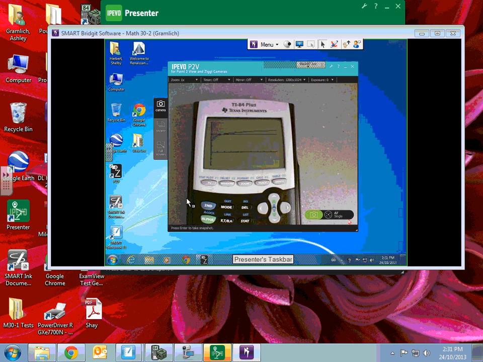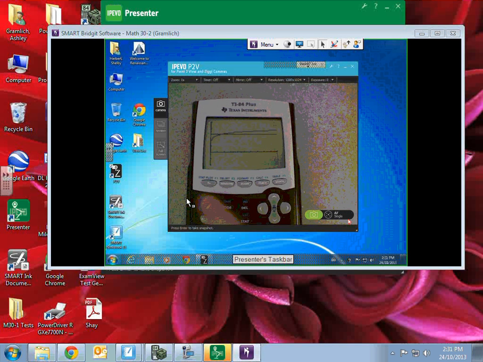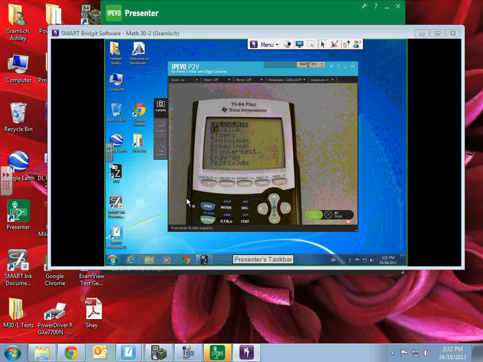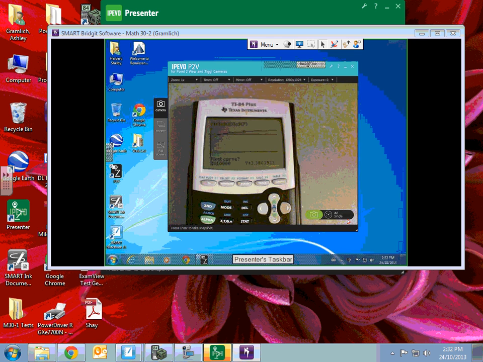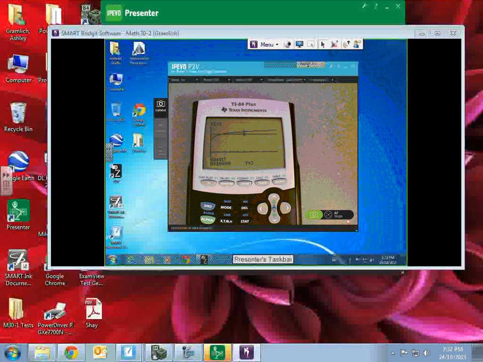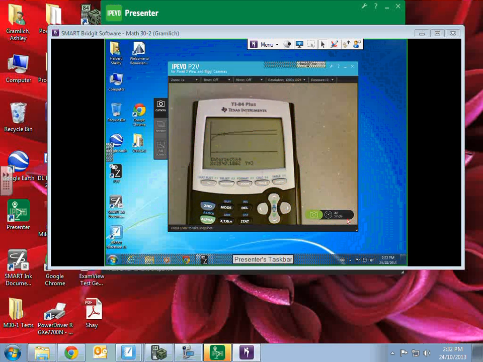Yep. Okay, so press second trace. And then you're going to find the intersect, so number 5. And then you can just go enter, enter, and enter. 3,547, is that what you guys got? 340.